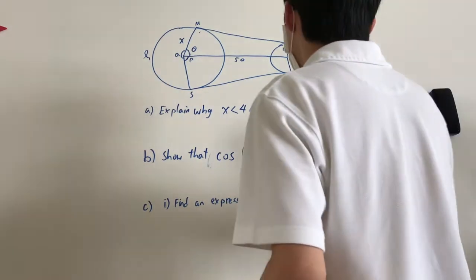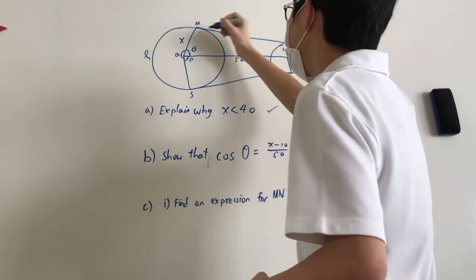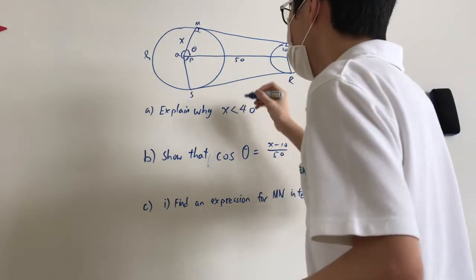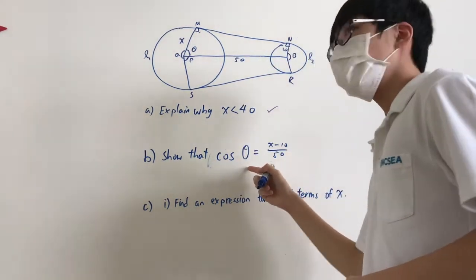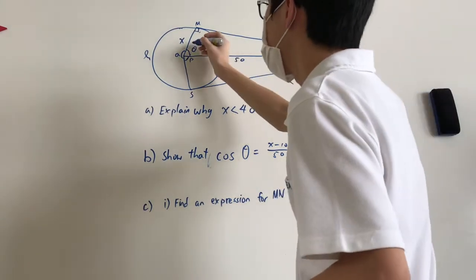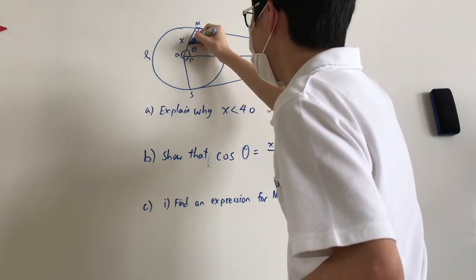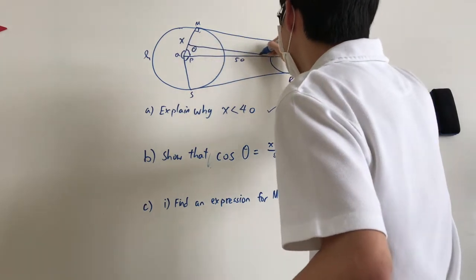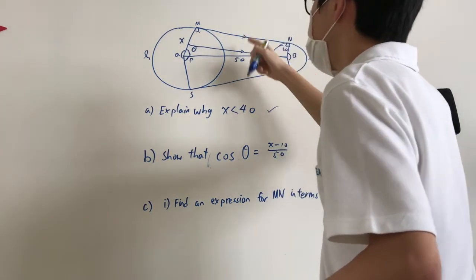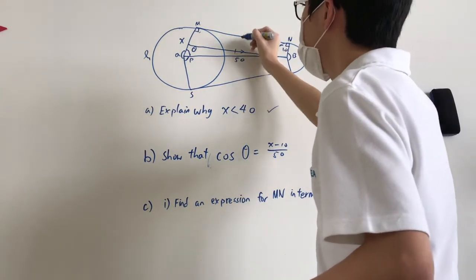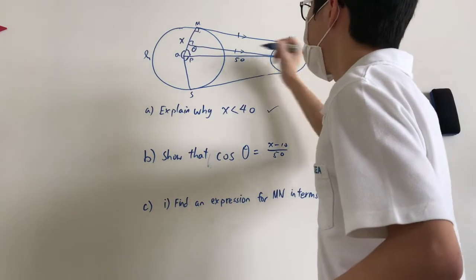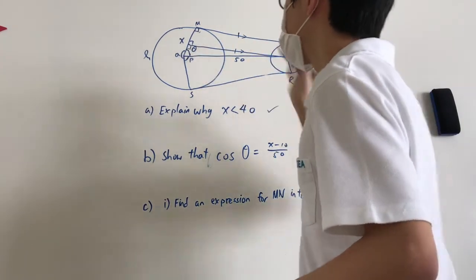Since we know this is a tangent, it's 90 degrees, and cosine theta is connected to a right angle triangle. So we draw a right angle triangle, very likely this one over here. This line is parallel and equal to that line over there. They're the same, right? This will be 90 degrees, this will be 90 degrees, and this will also be 90 degrees.